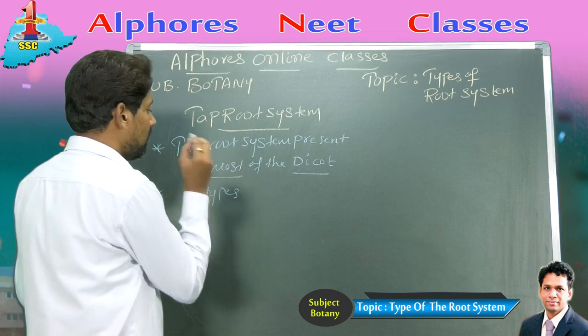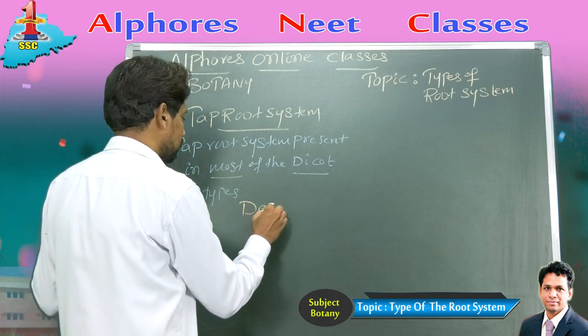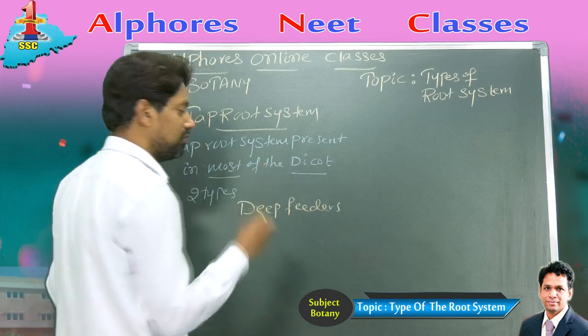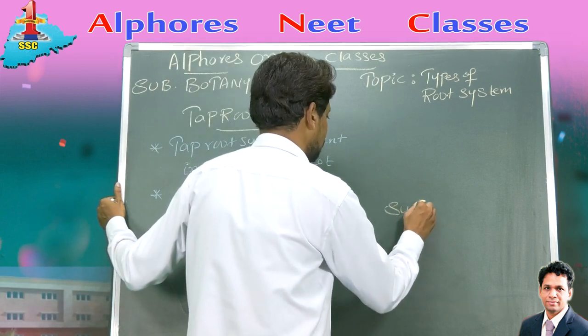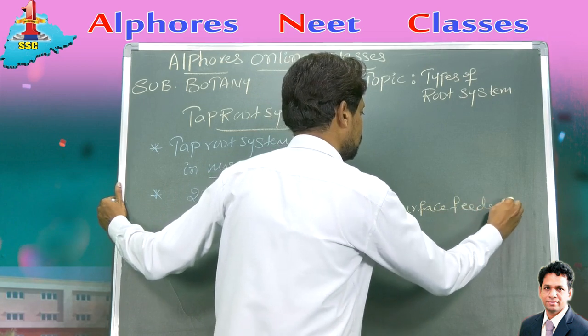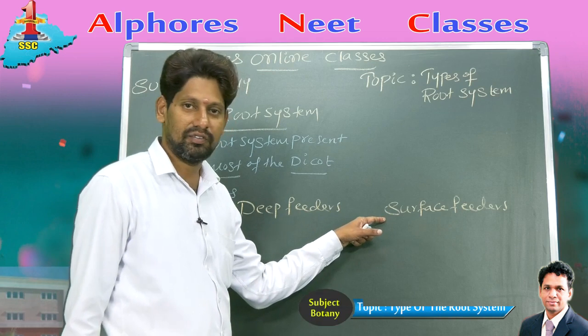Taproot system is of how many types? 2 types. The first one is deep feeders, and the second one is surface feeders.